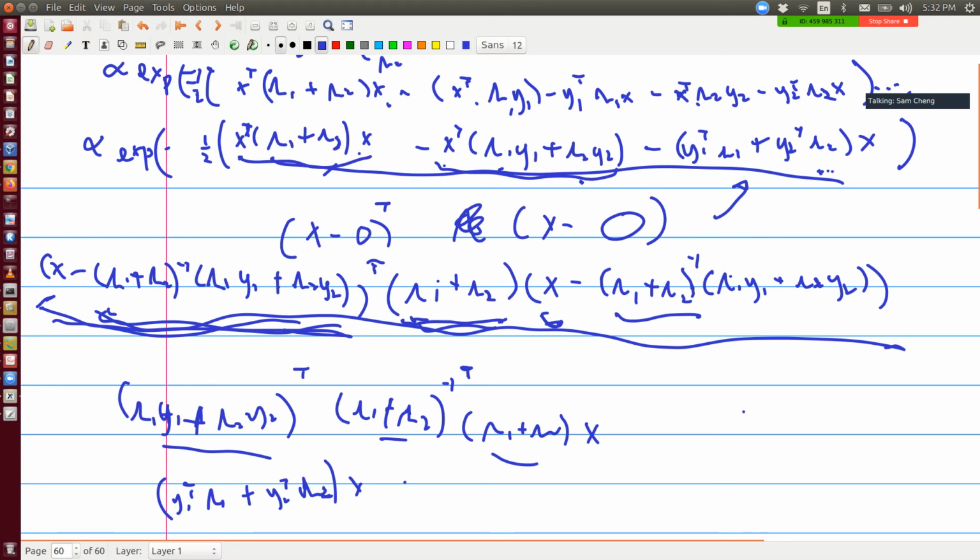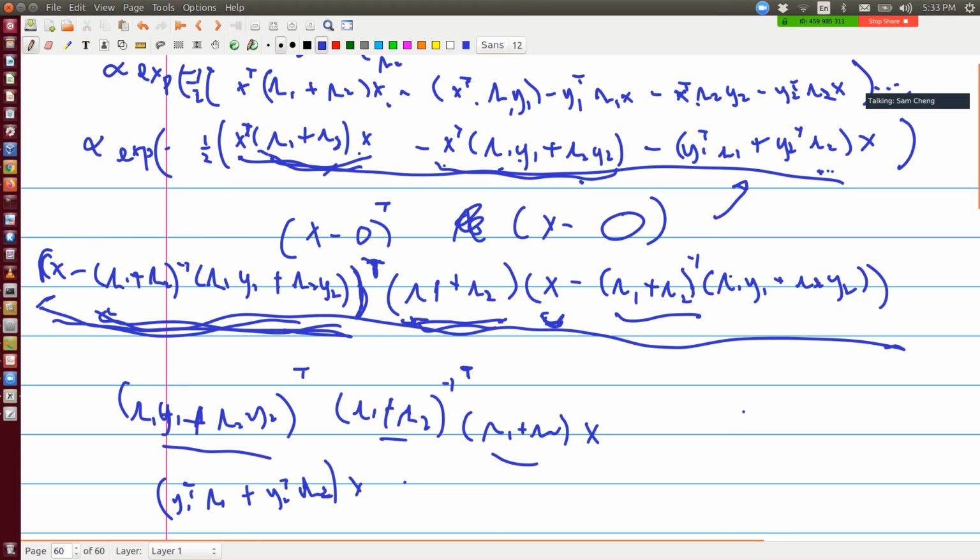I'm sorry for my handwriting. It's a bracket here. X transpose multiplied by this and multiplied by x, you get this one. Oh yeah, that's right.